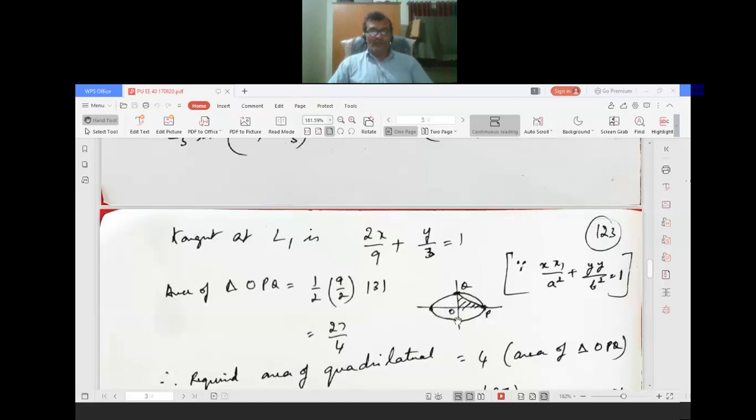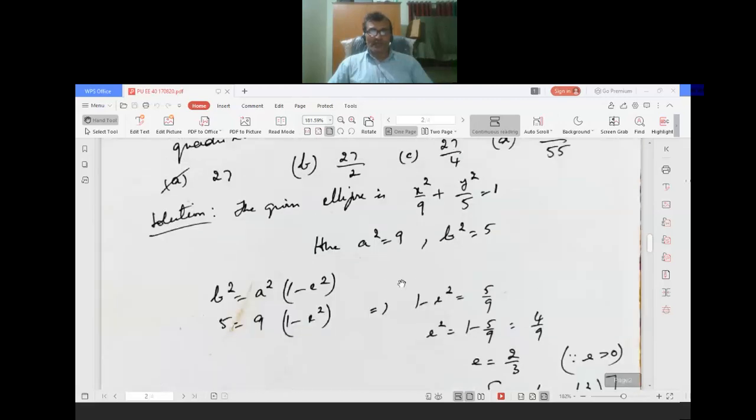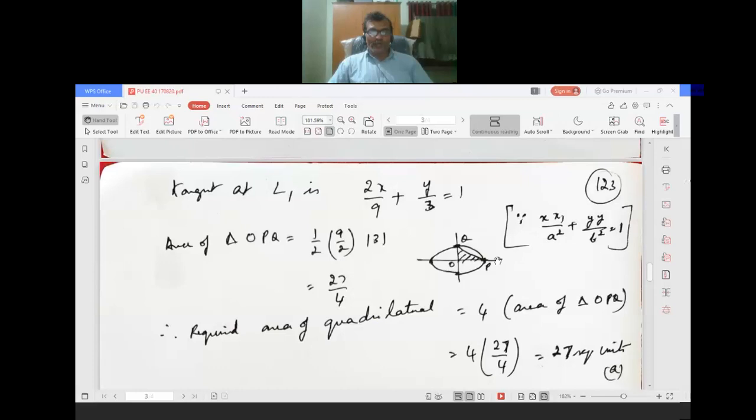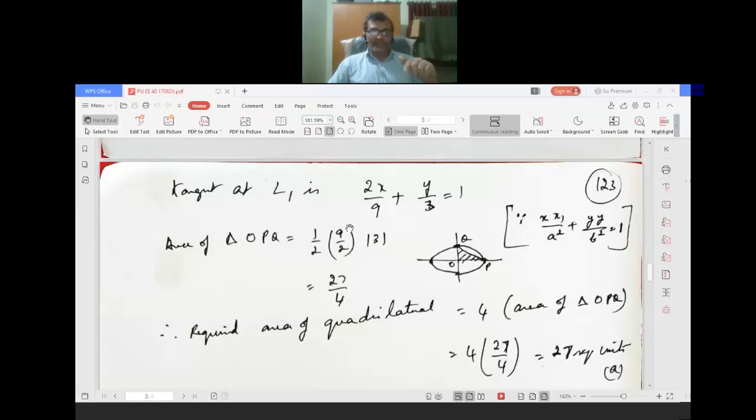You can see the 2a and 2b heights: 2a, where a is 3, is 6, and 5. You can take it as 6 means 3, and another is 9 by 2.